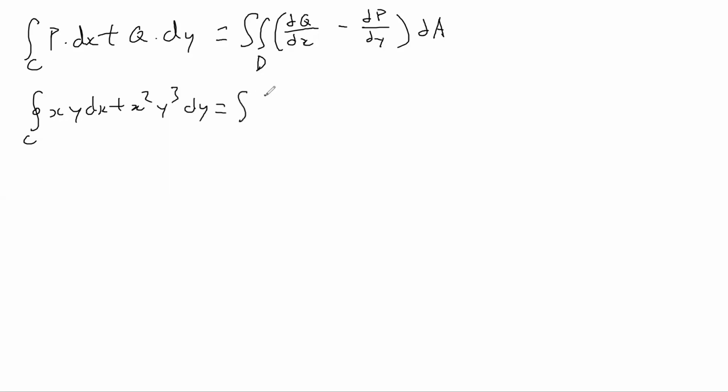Then we have the double integral bounded by D. Now, based off this formula of Green's theorem, we have the partial derivative with respect to x of x squared y cubed minus the partial derivative with respect to y of xy, right?